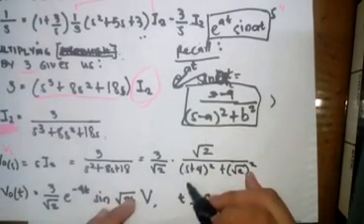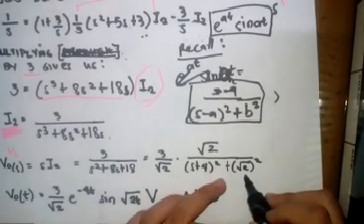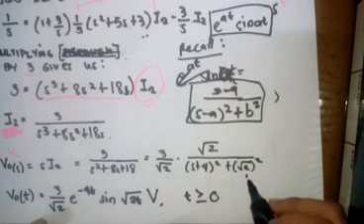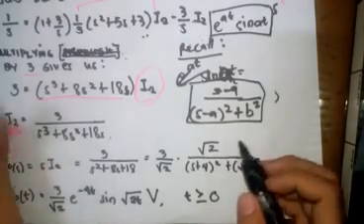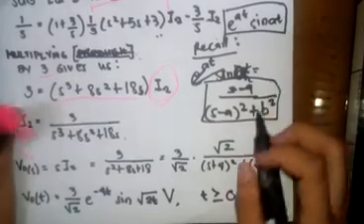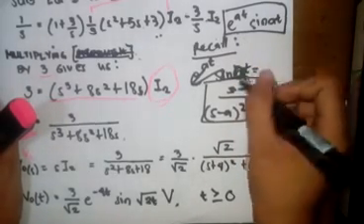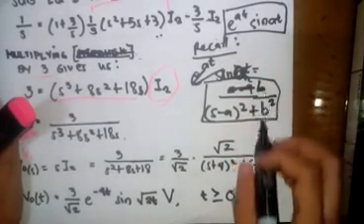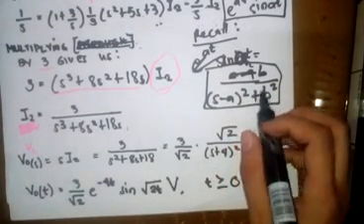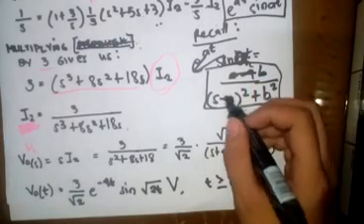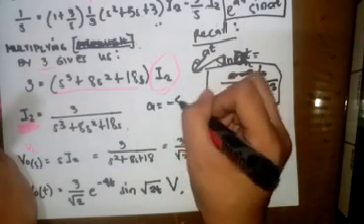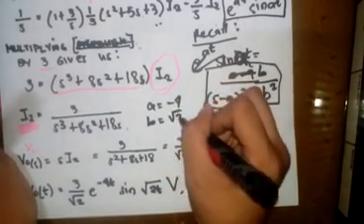I got confused with the first equation, it should be b. So we just have to know what a and b are. For a, we have negative 4, and b is square root of 2.